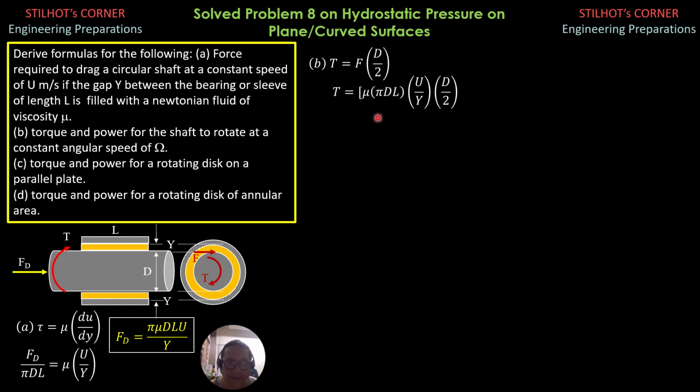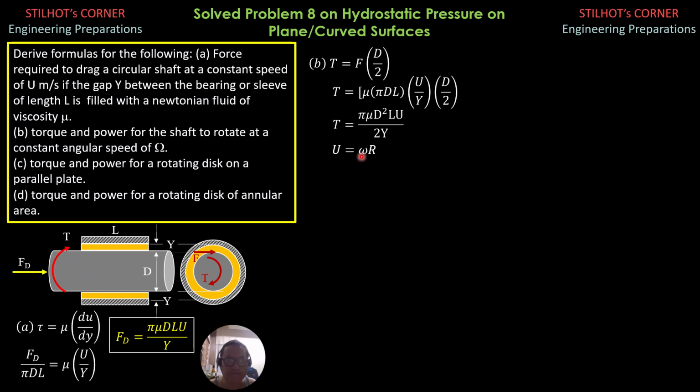Simplifying, this is pi mu L D squared U over 2Y. And we replace U by the relationship for linear velocity, which is equal to angular velocity in radians per second times the radius, which is D over 2.